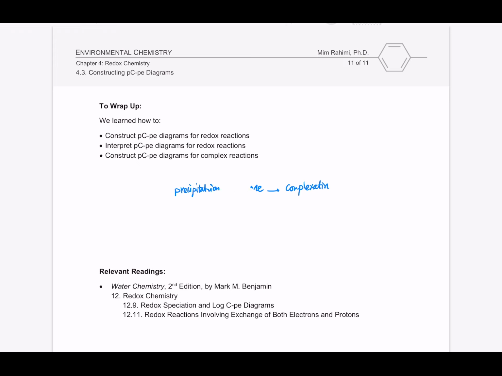What we added this time was just the redox branch also. So that's how one ion could be involved in the environmental systems.